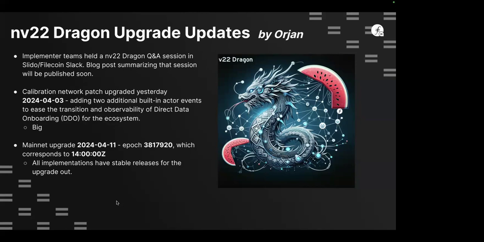And then next week, on April the 11th, the mainnet upgrade will happen. All implementation teams have stable releases out, so we're just waiting at this point.